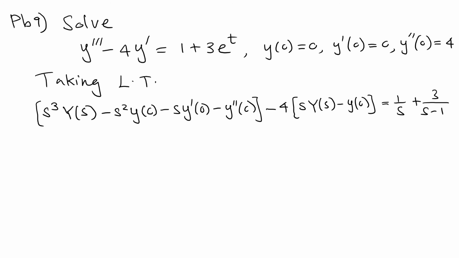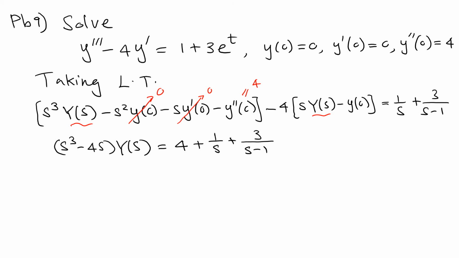Now what we do, we're going to simplify this one. First we're going to plug in the initial conditions. So you can see this is 0. This is also 0. But this one is equal to 4. And then you bring that to the other side and isolate these Y terms. So you can write it like this now. And then we can simplify this as a single fraction.